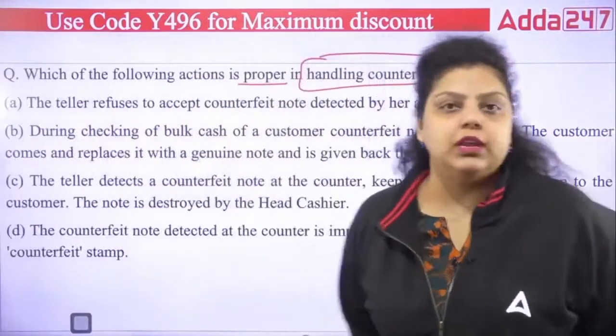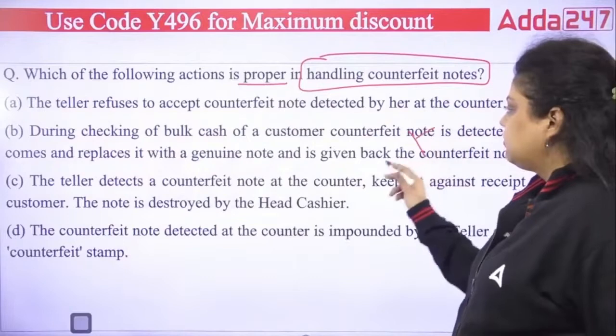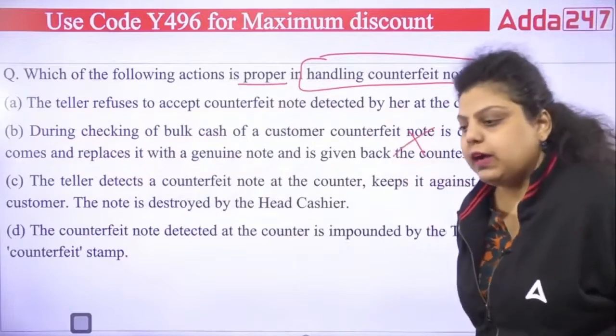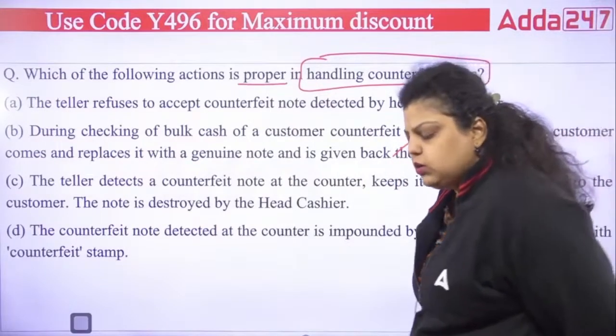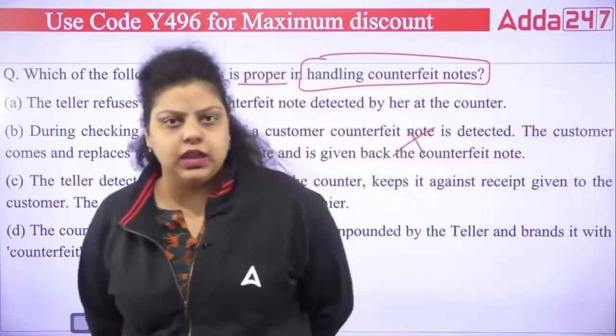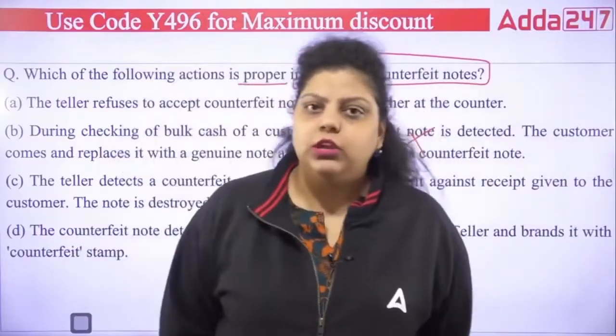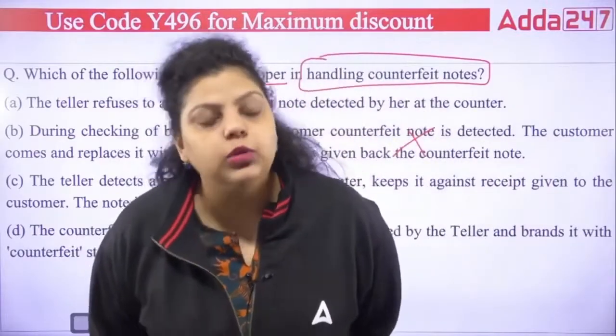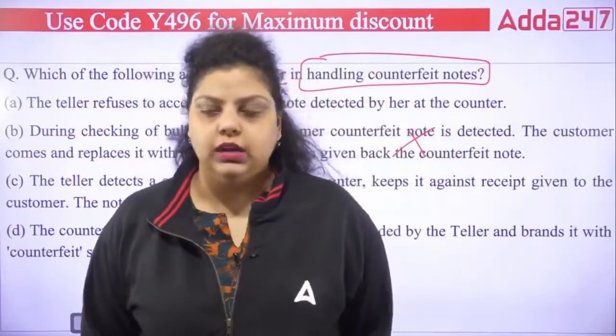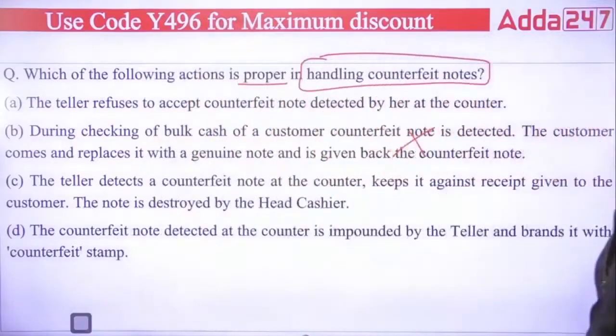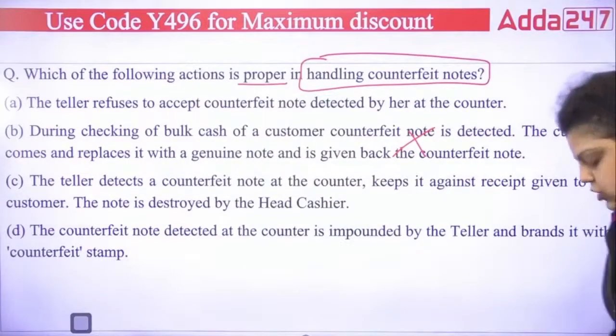I think that's very obvious, it cannot be done. You have found out that the customer has given you a counterfeit note. The customer came back to the branch, gave you a genuine note, and then you returned the counterfeit note to the customer. You can't do that. Now, the teller detects a counterfeit note at the counter, keeps it against the receipt given to the customer. The note is destroyed by the head cashier.